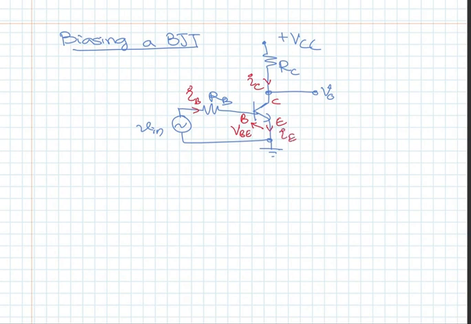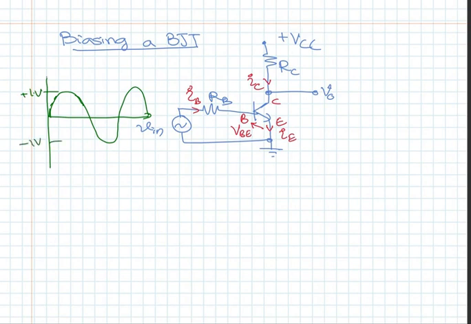So if my input signal was a sinusoid, let me draw it here. Let's say it's 1 volt peak to peak, something like this. So this is plus 1 volt, minus 1 volt. This is the Vin.